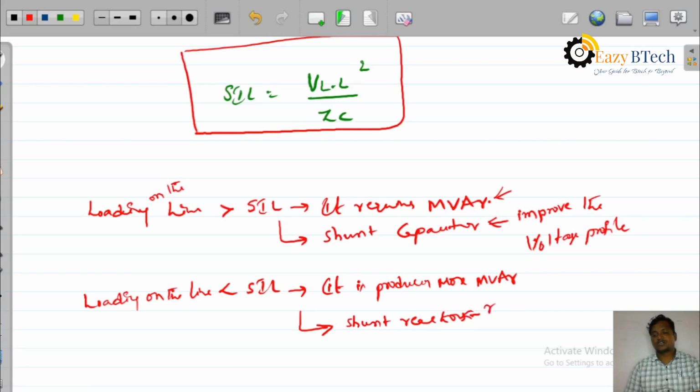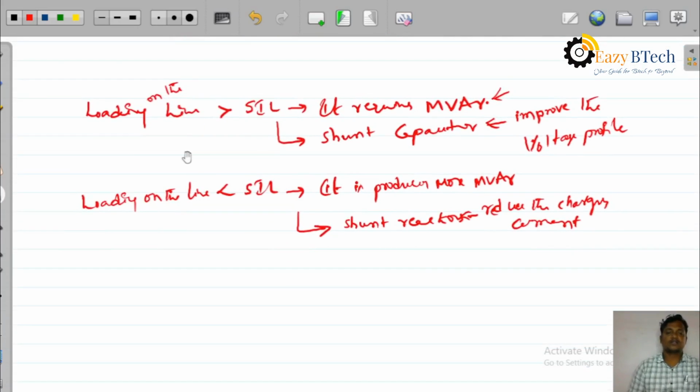By connecting the shunt reactors, we can reduce the charging current of the transmission line.